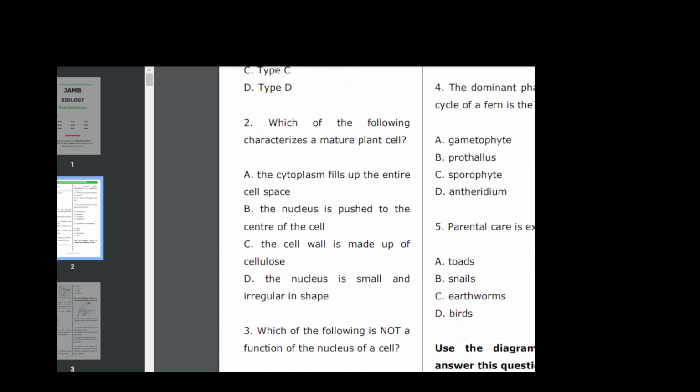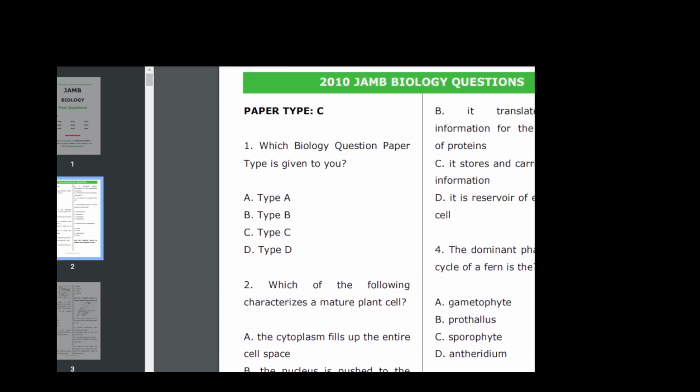Let's see what B says. B says it translates genetic information for the manufacture of proteins. C says it stores and carries hereditary information. And D says it is reservoir of energy for the cell.